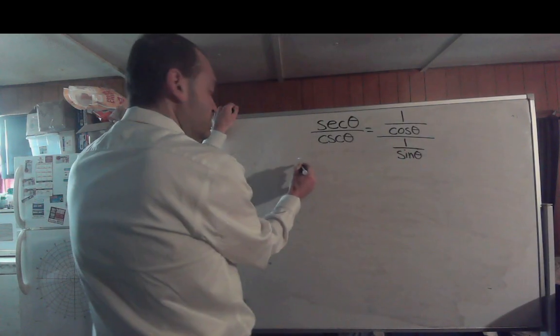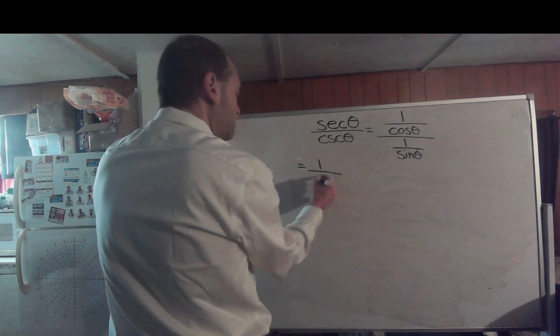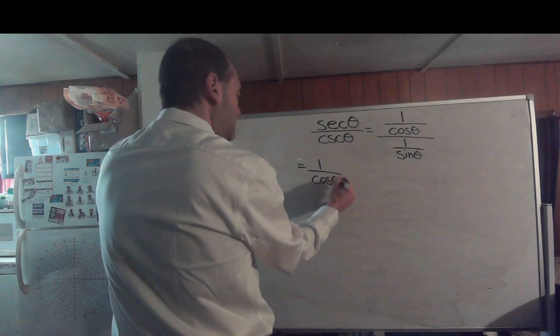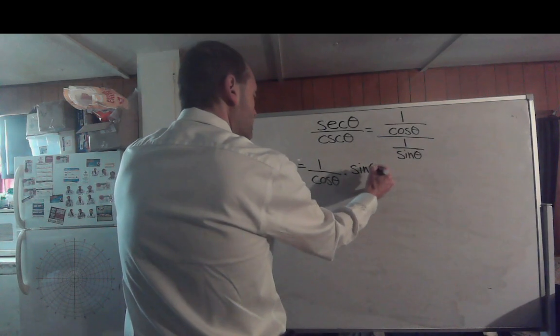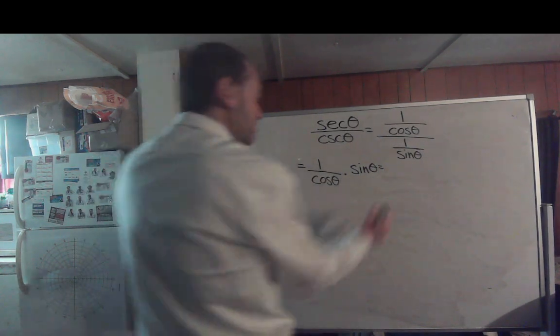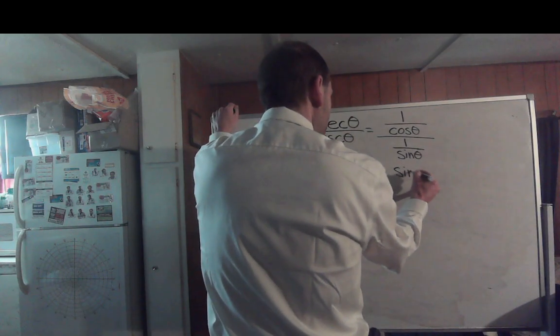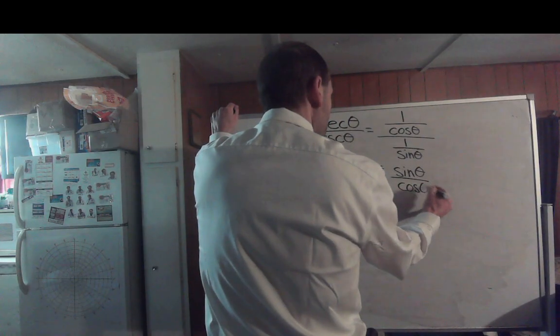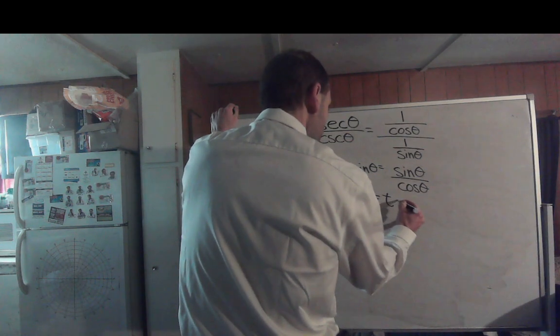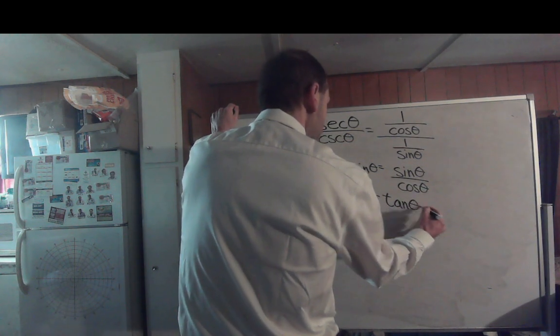Complex fraction, you just invert and multiply, so you'll have 1 over the cosine of theta times the sine of theta, which would end up giving you sine of theta divided by the cosine of theta. Well, sine over cosine ends up being tangent. So this would just simplify into the tangent of theta.